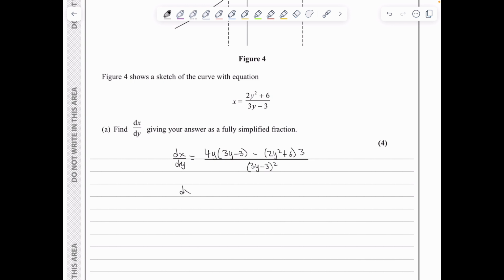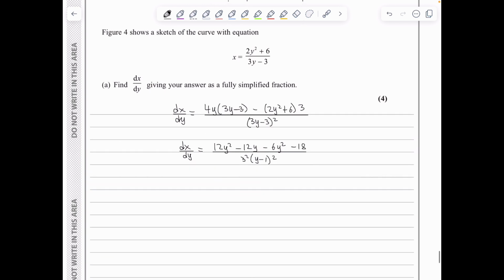And I will proceed by expanding the numerator and collecting like terms. This is giving me 12y squared minus 12y minus 6y squared minus 18. And in the denominator, I can write this as 3 squared times y minus 1 squared.